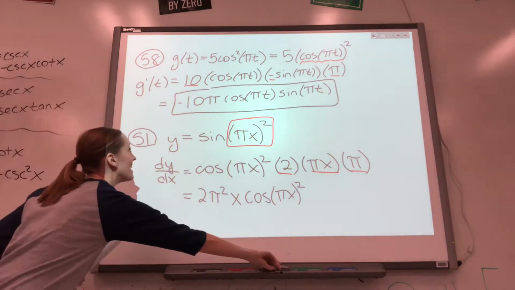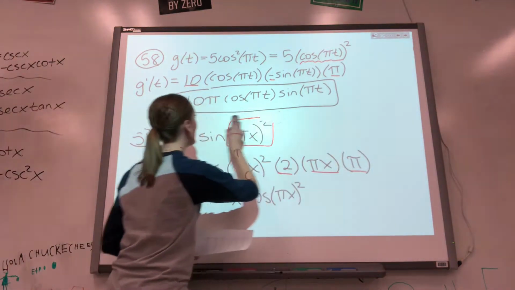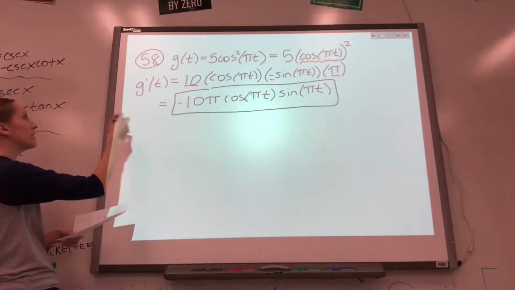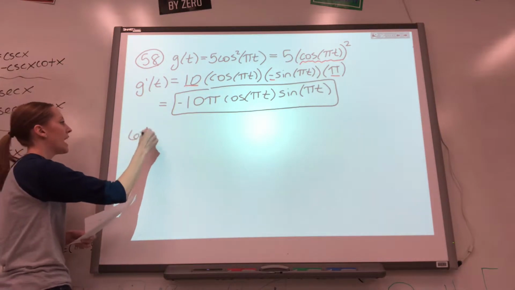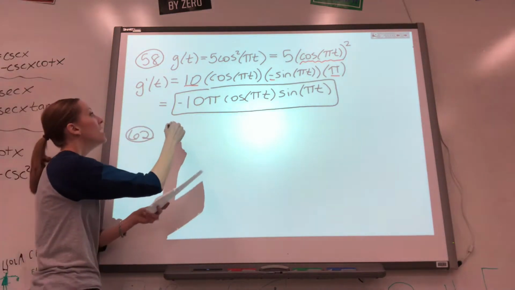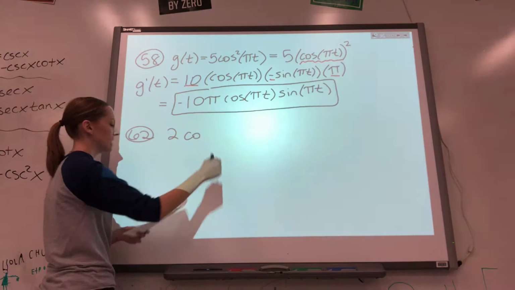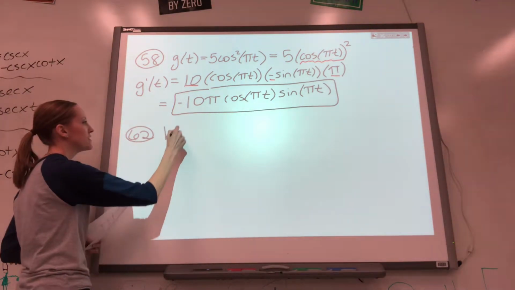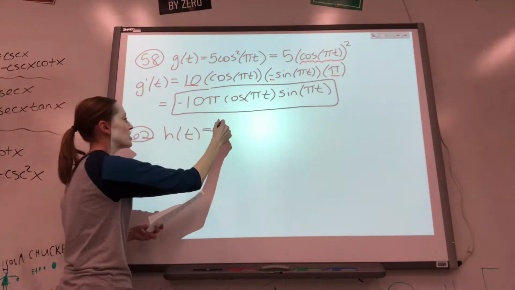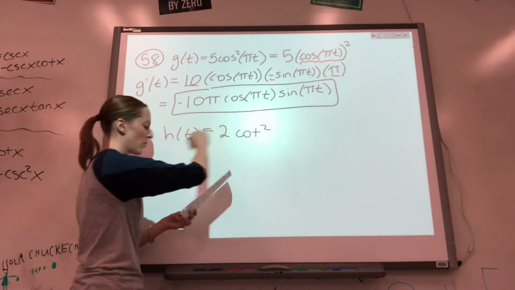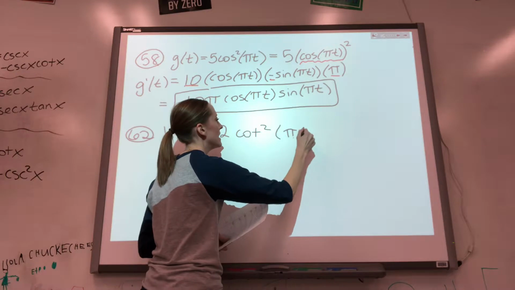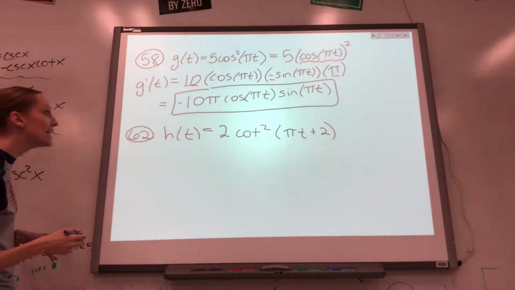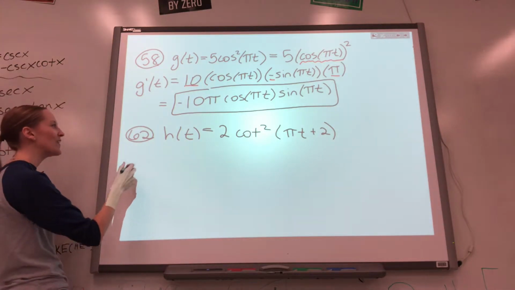62, coming back here. It is like 58 and 60, but a little bit different since our derivative has a square. So 2, I didn't put h of t out front. Darn it, I probably should. H of t equals 2 cotangent squared of pi t plus 2.